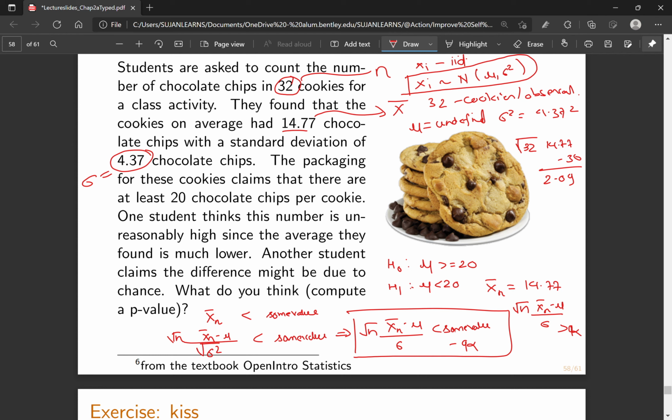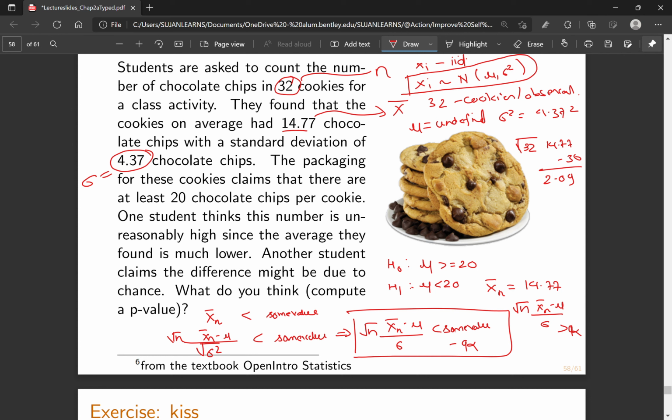That is, we have 30 minus 14.77 divided by 2.09, equal to 7.28.